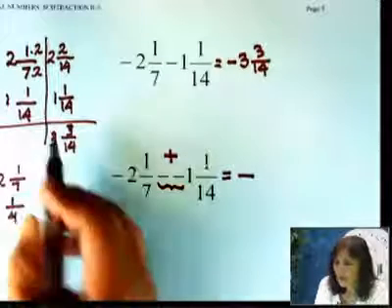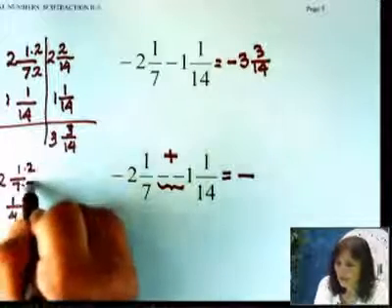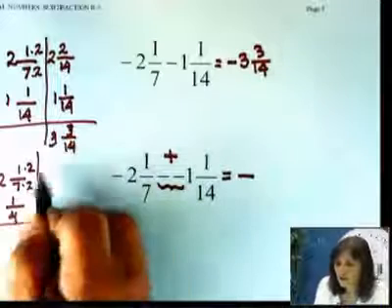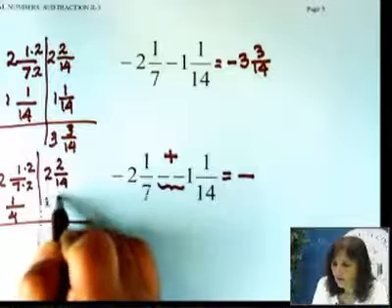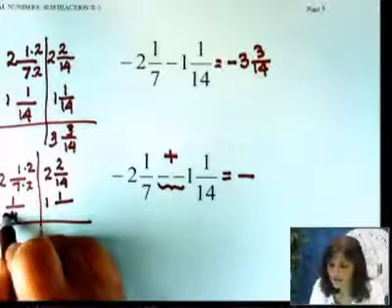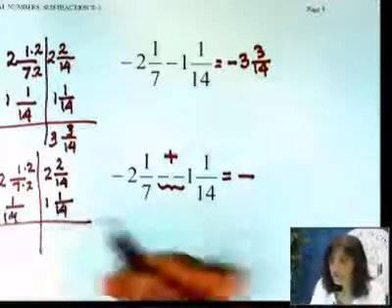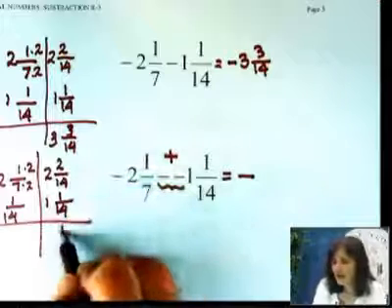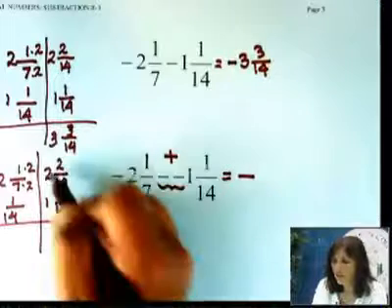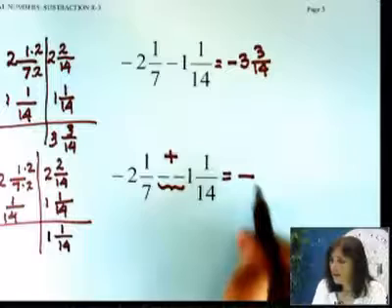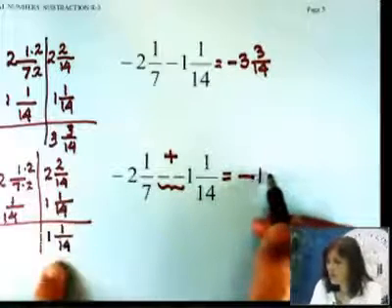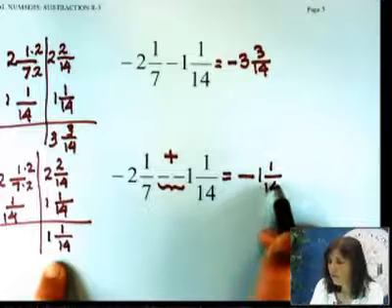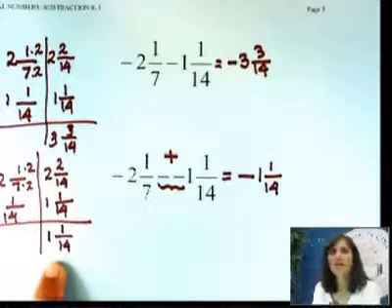Since these two don't match, multiply top and bottom by 2, rewrite. You have 2 and 2/14, and you have 1 and 1/14. So the difference is 2 minus 1 is 1. Leave the denominator alone. 2 minus 1 is 1. But this was the difference between these two numbers, and the difference is going to go right here. And it's negative since this number is negative.